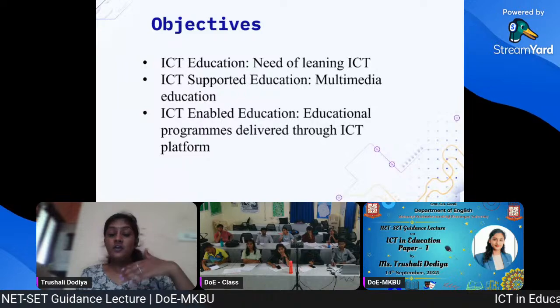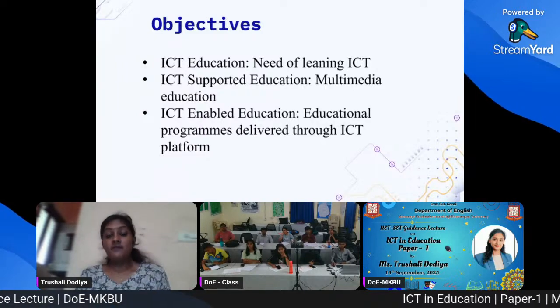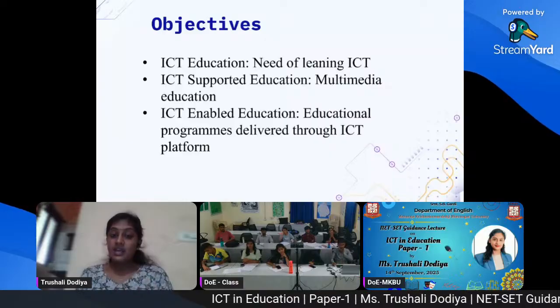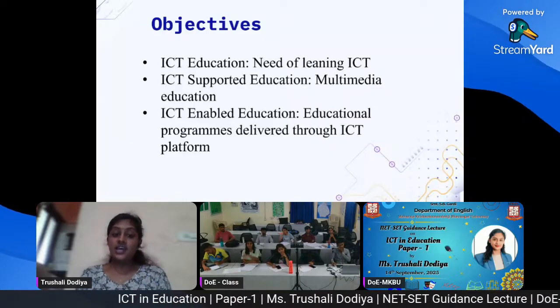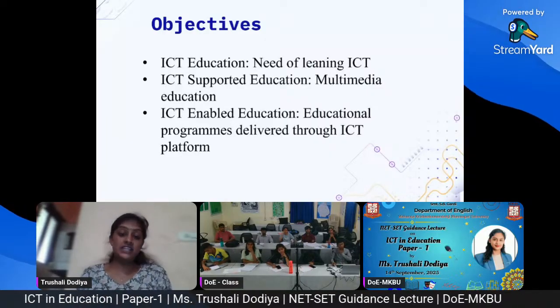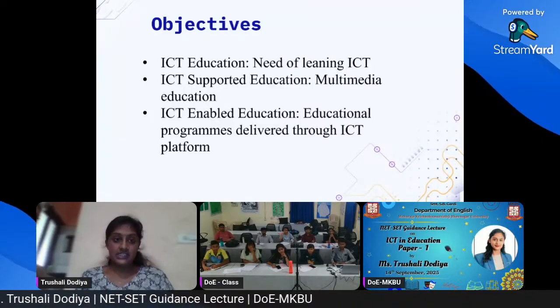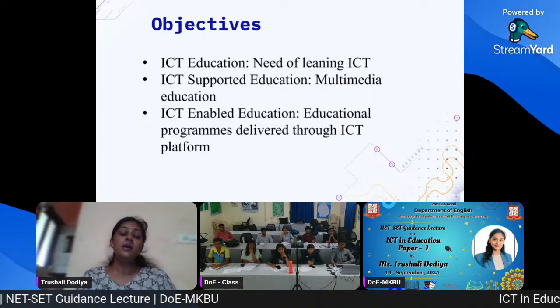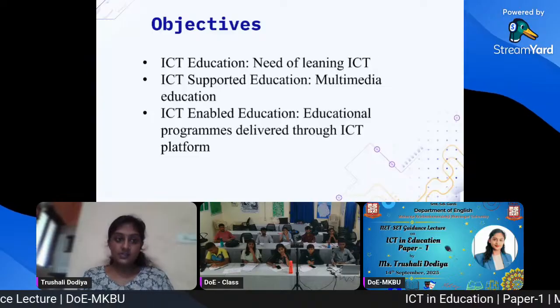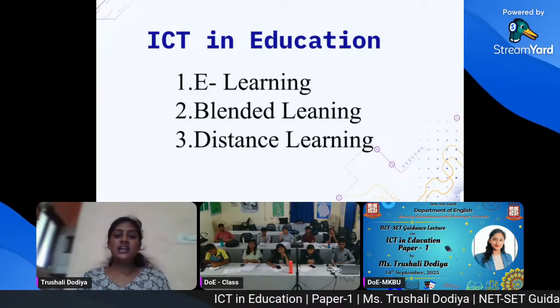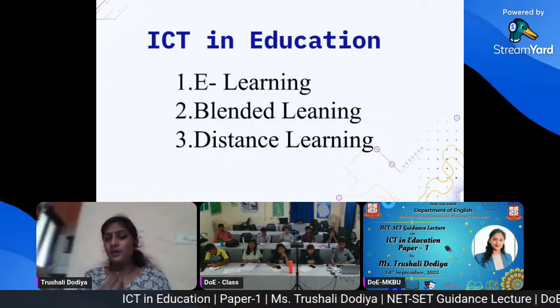So from learning ICT for education, then moving toward using them, and then generating educational programs and delivering them through ICT platforms. So these three objectives can be identified at a base level in terms of education. ICT in education has three core important points.